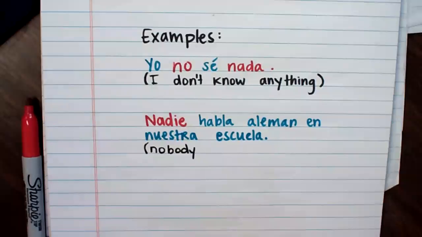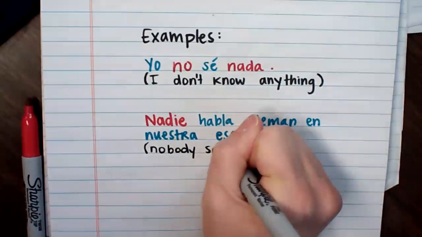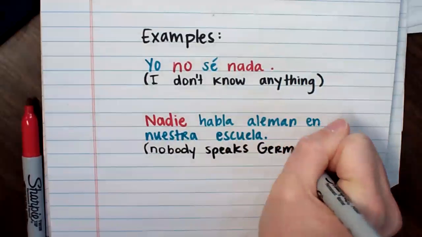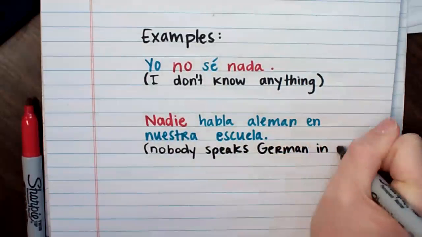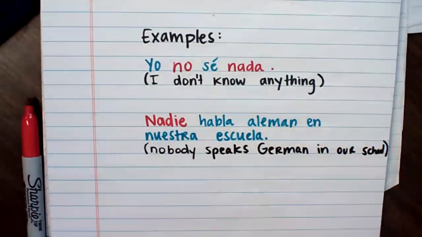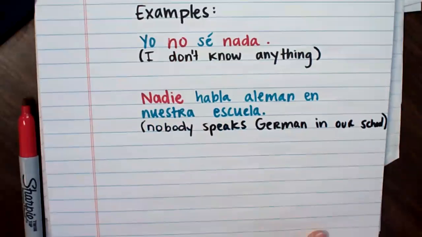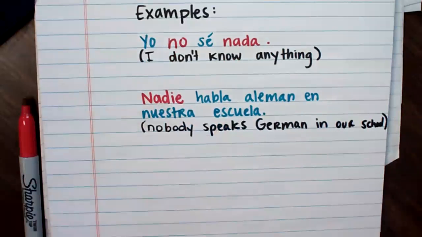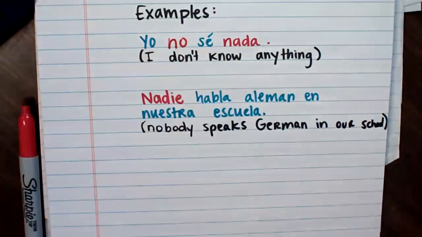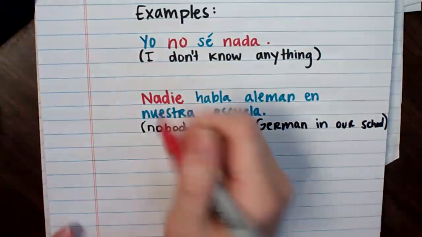Nobody, or no one, speaks German in our school. See, this is just a singular negative. It's not a wrong sentence, but just know you could make it a double. Here's a double negative coming at you.